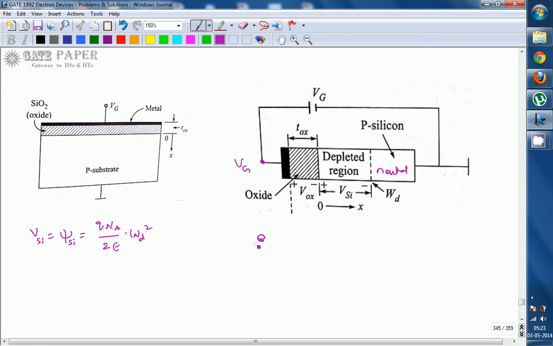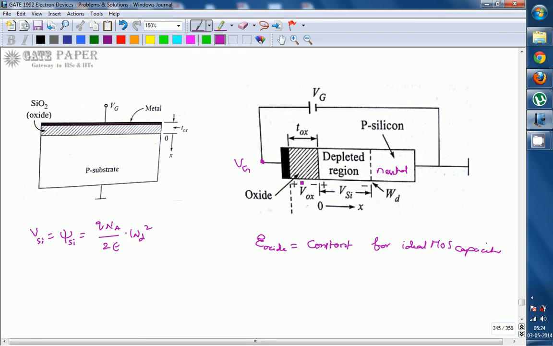So the oxide electric field is constant.